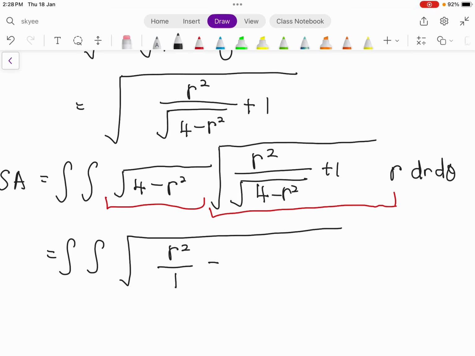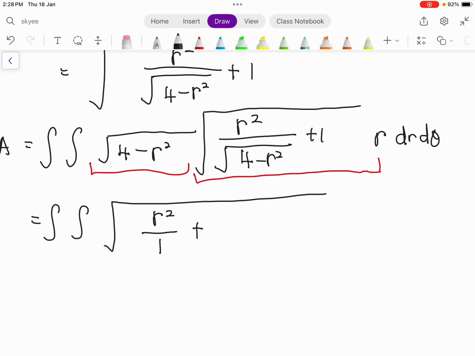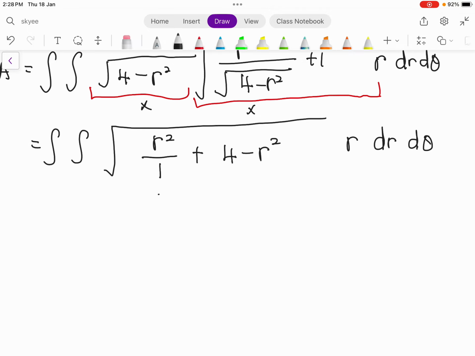You are left with 1, and you will have a 4 minus r squared, with r outside, dr d theta. When you multiply this with this thing, the square root will be missing because you multiply it inside. Just like square root 2 multiplied by square root 2 equals 2.